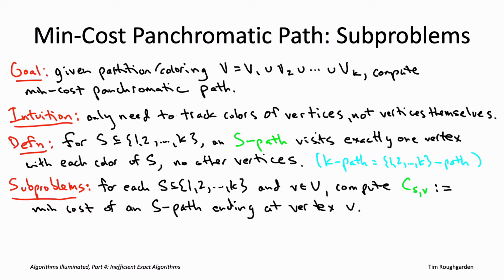Now, in what sense are optimal solutions to these subproblems composed of optimal solutions to smaller subproblems? Well, here things will proceed exactly as they did in the TSP. Consider an optimal solution to a subproblem.